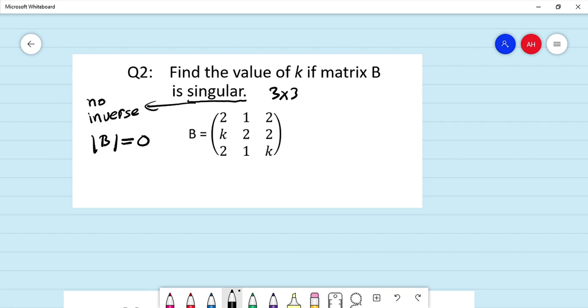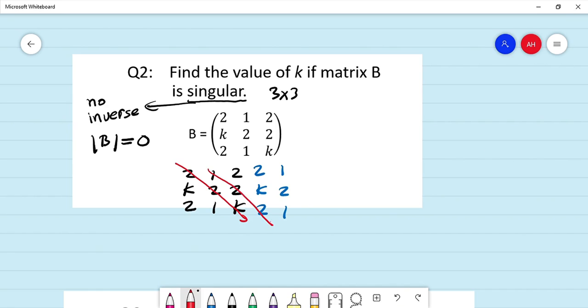We can use the arrow method, that is, we write down the elements of the matrix, 2 k 2, 1 2 1, 2 2 k, and we have to add row number 1, that is 2 k 2, and column number 1 and column number 2. Now the first arrow is going downwards like this, the second arrow is this one, and the third arrow going down like that.